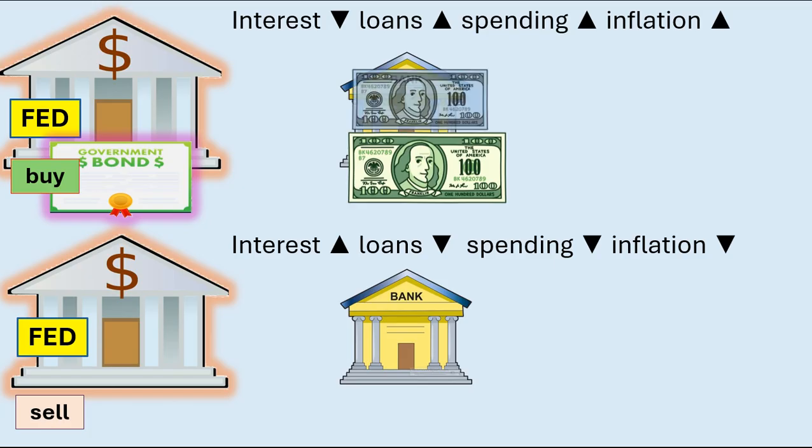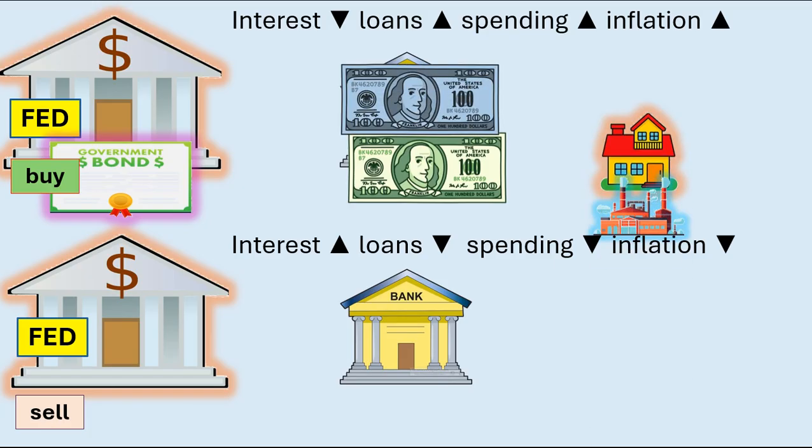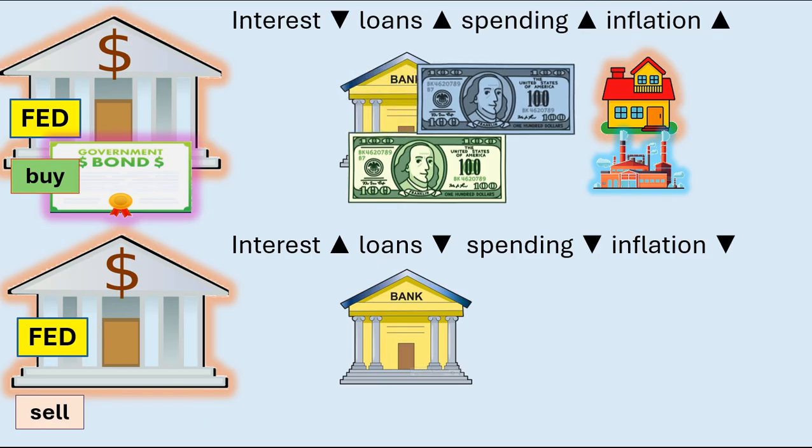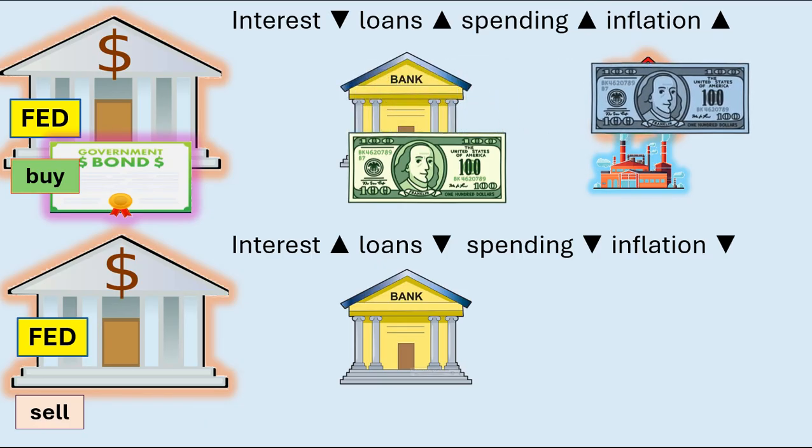And when interest rates are low, firms and households are more likely to borrow. They will borrow more. When your interest rate is 3% rather than 7%, people borrow more. And what do you do with the money that you borrow? You spend the money that you borrow.